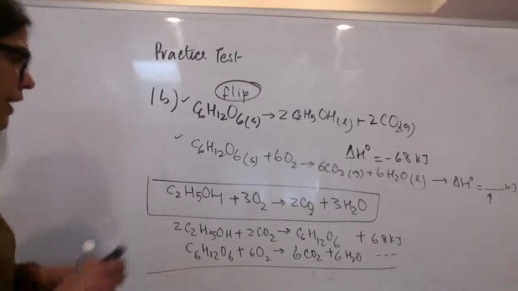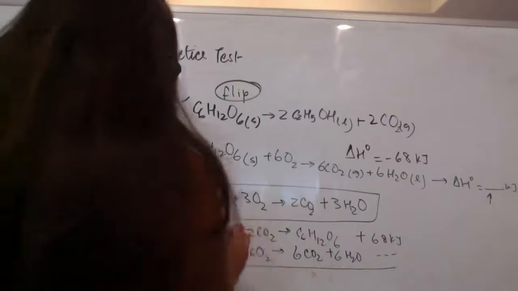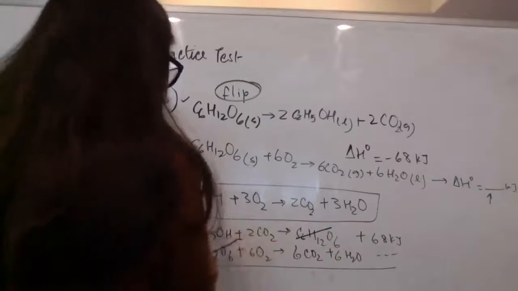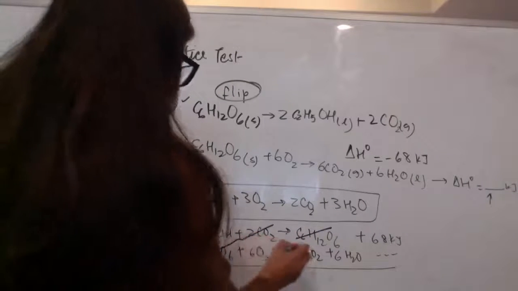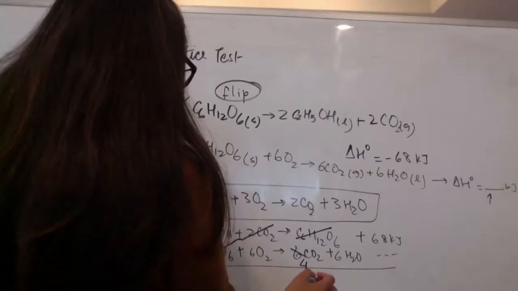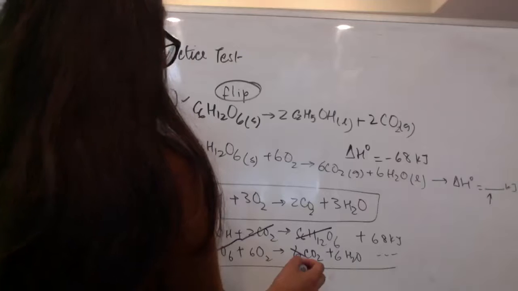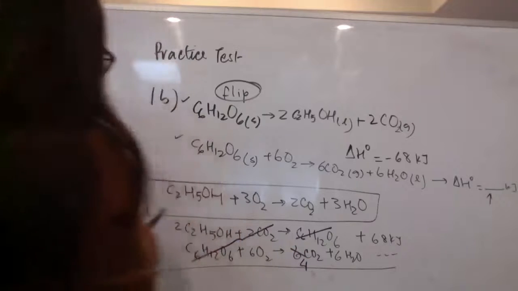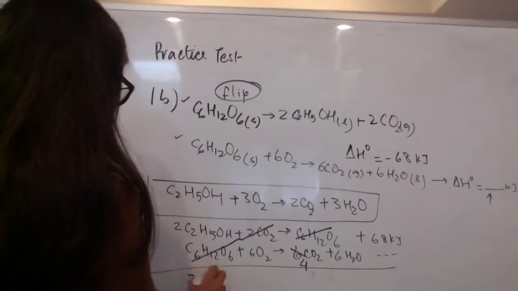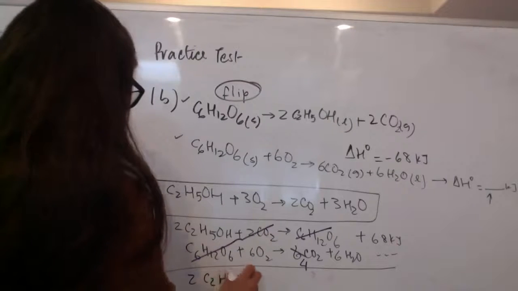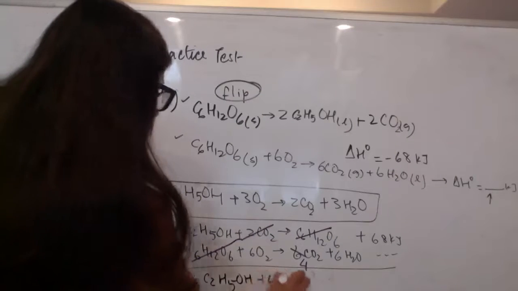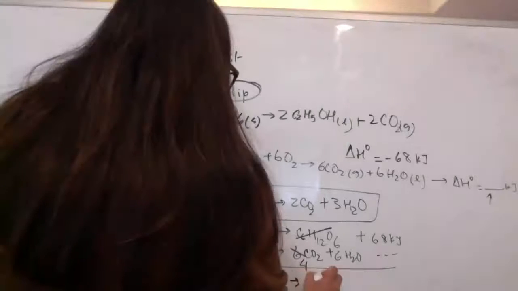And when we do that, C6H12O6 cancels out, 2 CO2 with 6 is 4, and that's it. So let's copy it over. 2C2H5OH plus 6O2 gives 4 CO2 plus 6 H2O, and then you will add these algebraically and you'll get a value here.